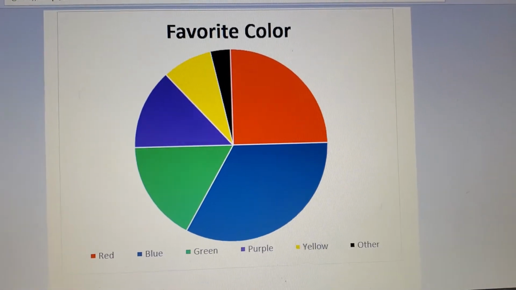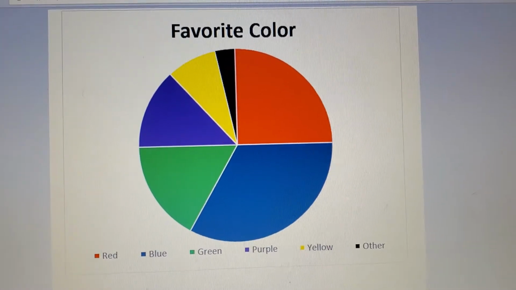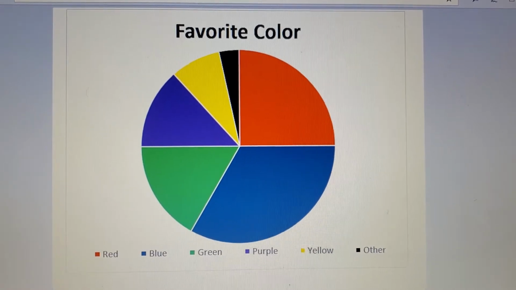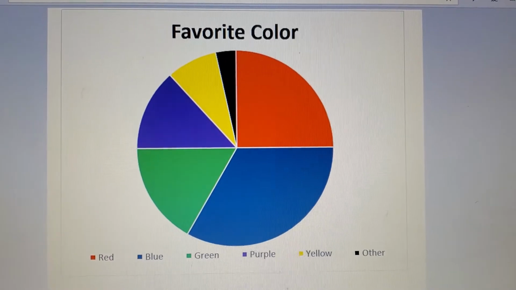Now, as you know, with all charts, charts have a title. It tells us a little bit about what information needs to be relayed. This one is pretty easy.